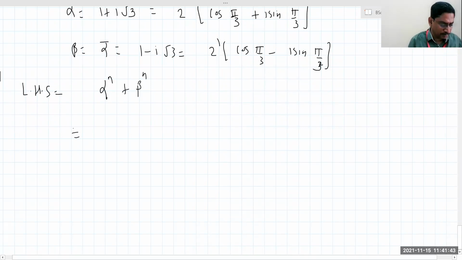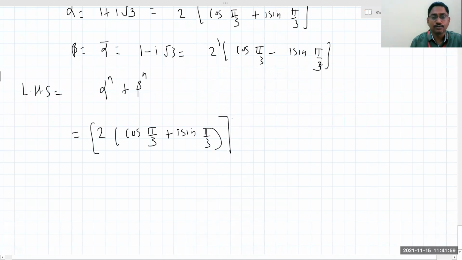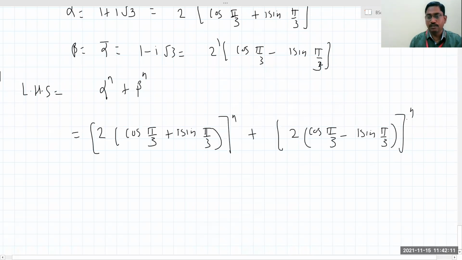So alpha is 2 multiplied by cos of pi upon 3 plus i sin pi upon 3, this is going to be raised to n, plus what is beta? Beta is 2 cos of pi upon 3 minus i sin pi upon 3, this thing raised to n.